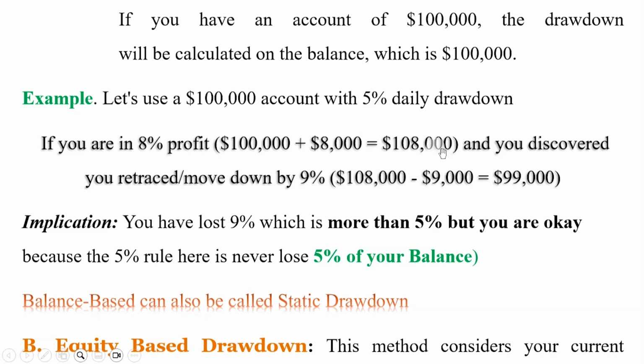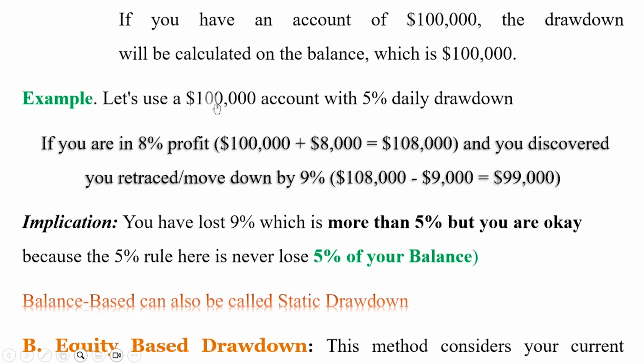So what is the implication of this kind of trade? It means you brought your account down by 9%. So you have lost 9%, which is more than 5, but you are okay because the 5% rule here is never lose 5% of your balance. And what is your balance?